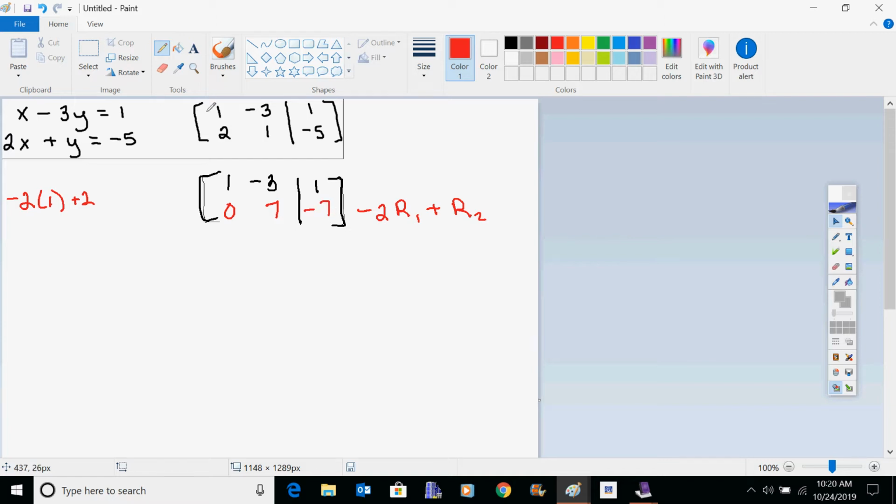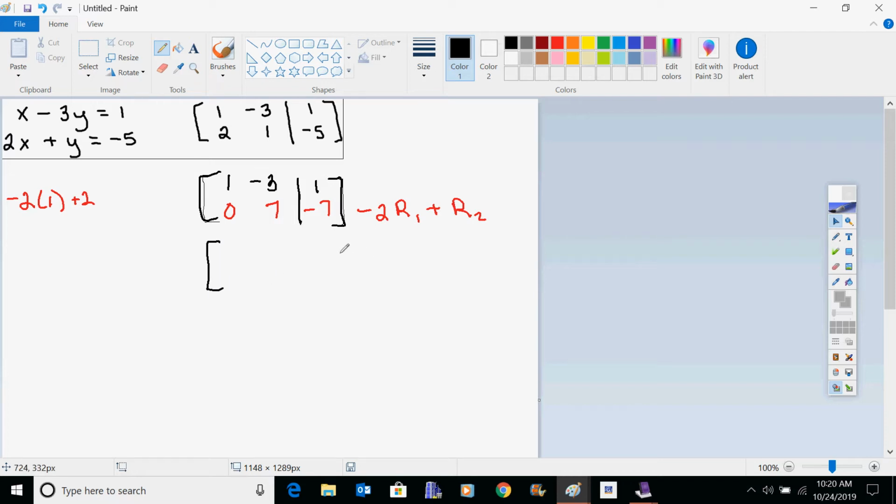Okay, so we've multiplied this row times -2 and added it to this row. Now for now you're like, okay, so she wanted to get a 0 here, but why? That'll become evident pretty soon if I do this right.